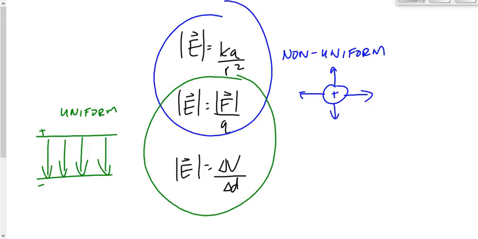That middle equation I can use whenever I want, as long as I have something experiencing the field. So my producer equation for a non-uniform field, my producer equation for a uniform field, and my experiencer equation, that's good for either uniform or non-uniform, as long as I have something experiencing the field.